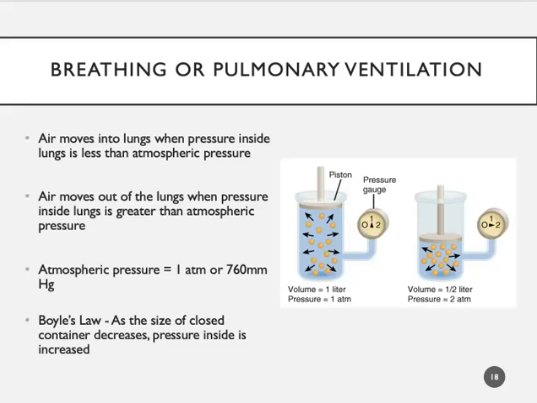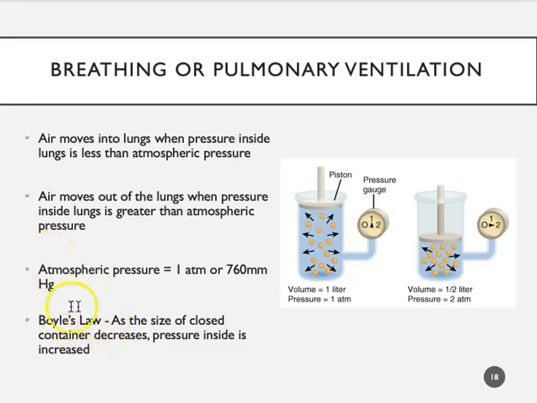Again, I think it's more intuitive to us than thinking about it in these scientific terms, but really what we're talking about is the atmospheric pressure and the change in that pressure from inside the chest cavity compared to the outside environment.